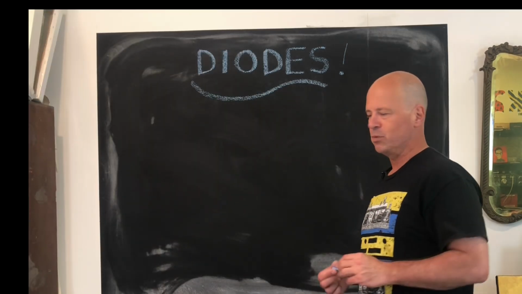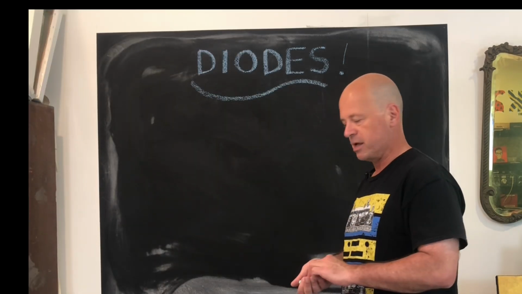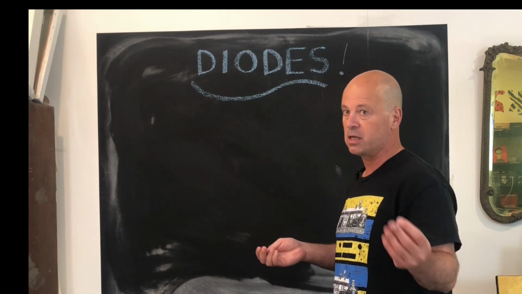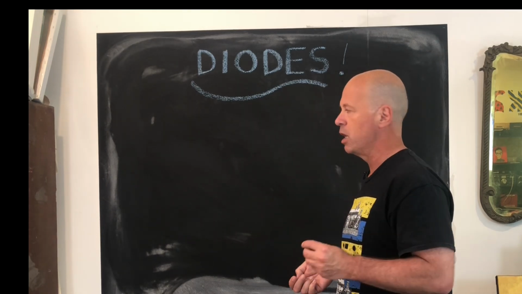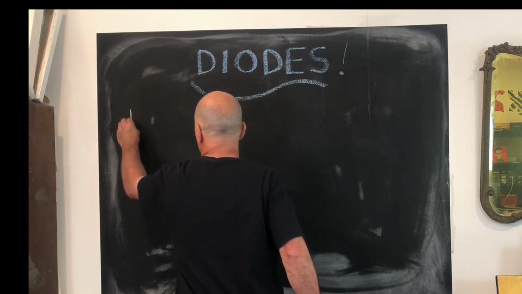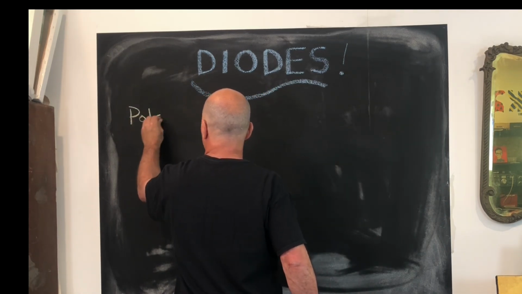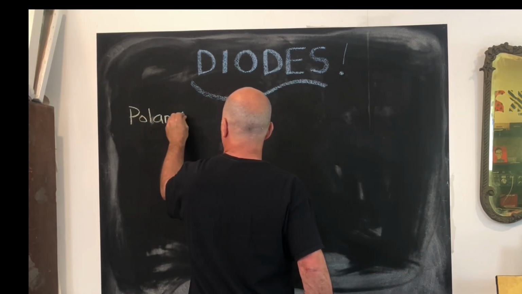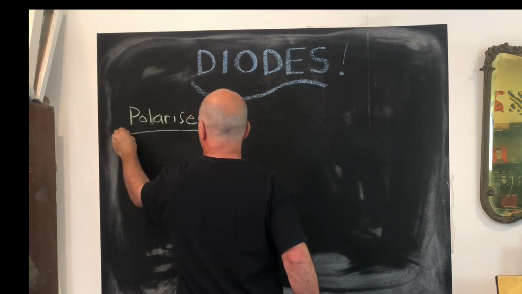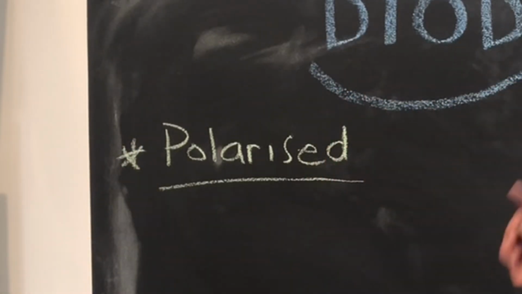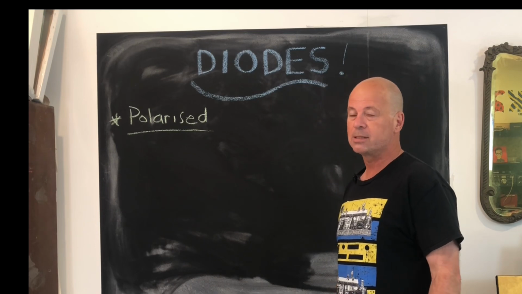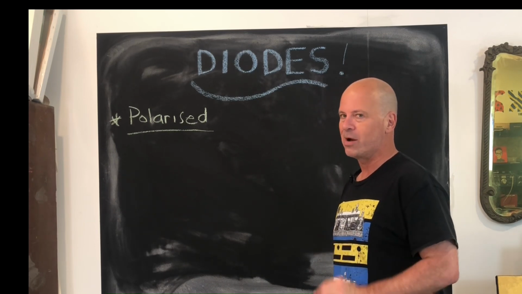Now, the first thing we need to know about a diode, of course, is that it is polarized. Like we said, it can only allow current to flow in one direction. That's what polarized means. So polarized is a word that you might want to get familiar with. Components that are polarized need to be put in the right way around.